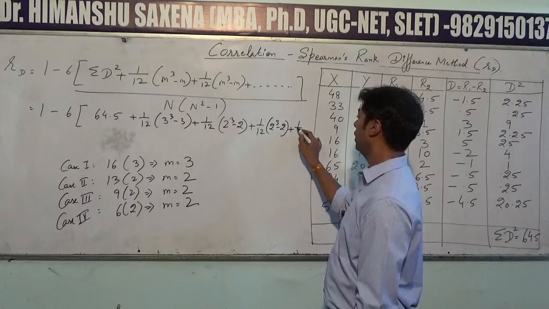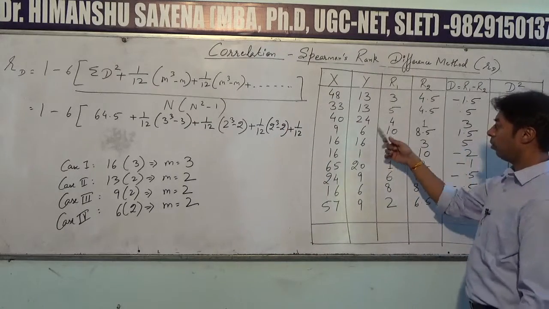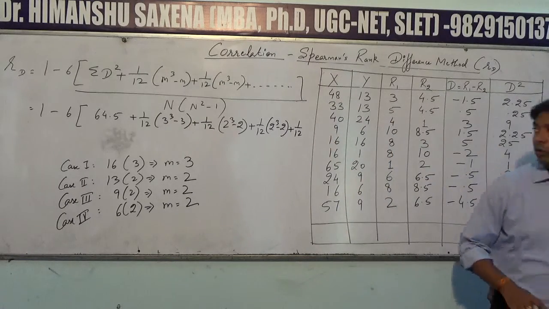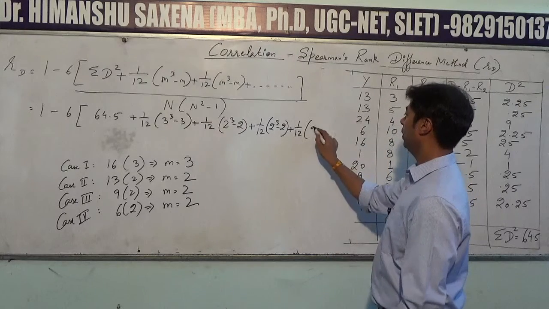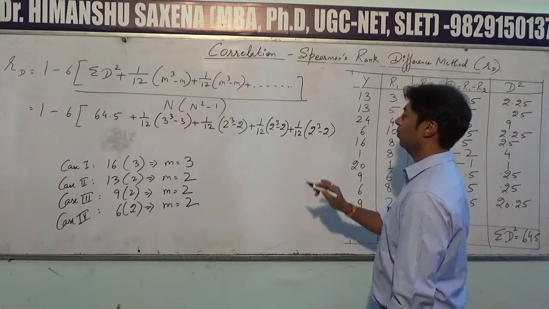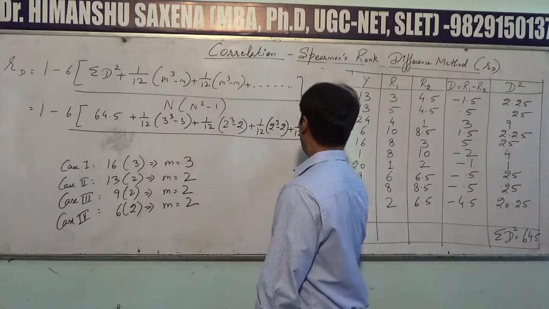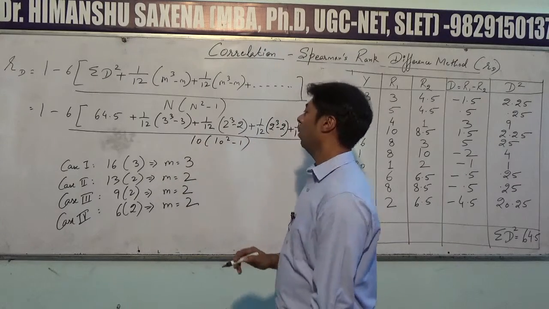And finally there was another number 6 which was also repeated twice, so over here it will be 2 cube minus 2. Now brackets will be closed, and after that it will be 10 into 10 square minus 1.